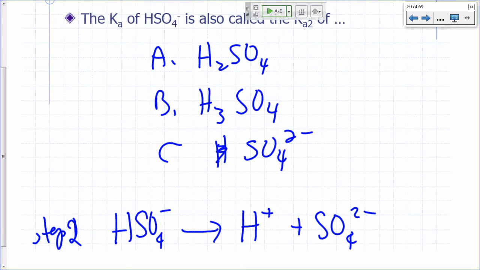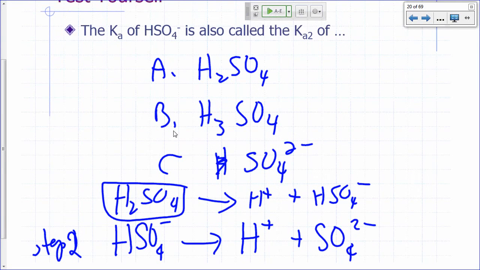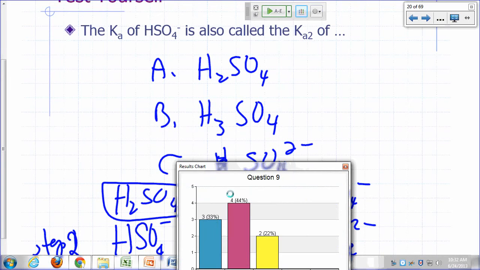Step 1 forms this, right? HSO4- plus H+ coming from what? H2SO4. So it's the Ka2 or the K2 of H2SO4. So the Ka of HSO4- is the Ka2 or the K2 of H2SO4. So the answer is A.